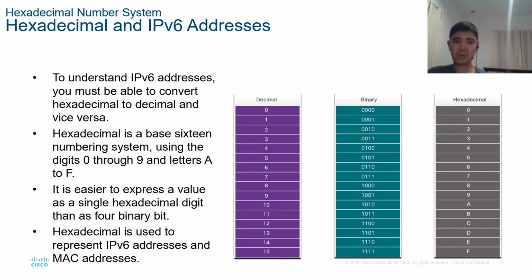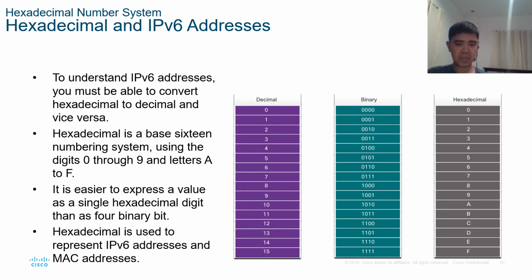There's another numbering system we call hexadecimal. Hexadecimal has 16 numbers. It's alphanumeric. There are specifications, especially in computer networks, that use hexadecimal. Hexadecimal consists of 0 to 9 and then A to F. A is equivalent to 10 in decimal.